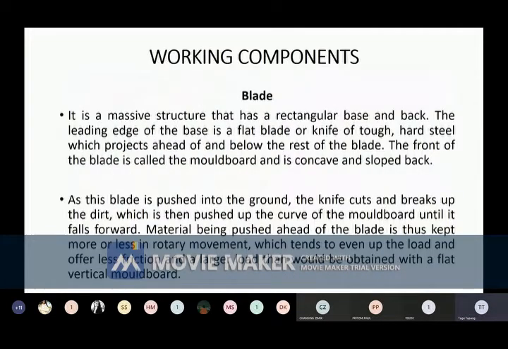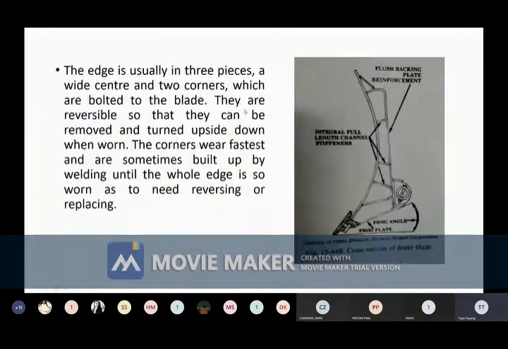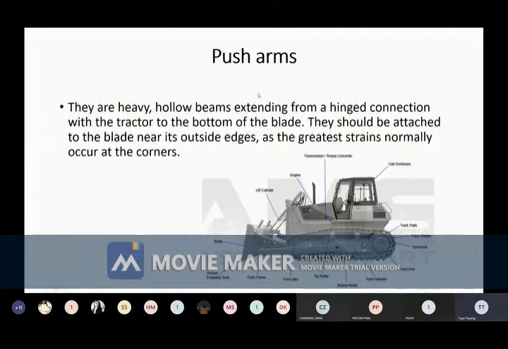That is one of the major components, the blade. Another one is the push arm. See here, the push frame. Inside the frame there will be the push arm.